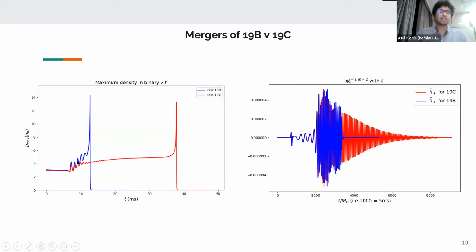So what I'm plotting over here firstly is the maximum density available in the entire simulation at any given time. So if you look at the blue curve, that's the maximum density in the 19B evolution at any given time. Starting at t equals 0, this is the maximum density, and it's given in the units of nuclear saturation density. So it's about 3 times nuclear saturation density.